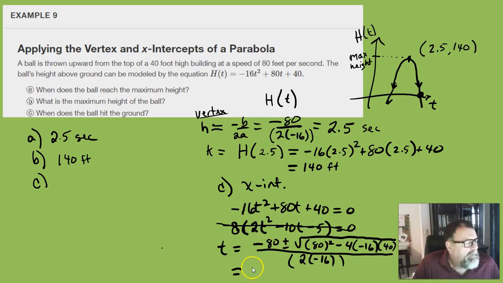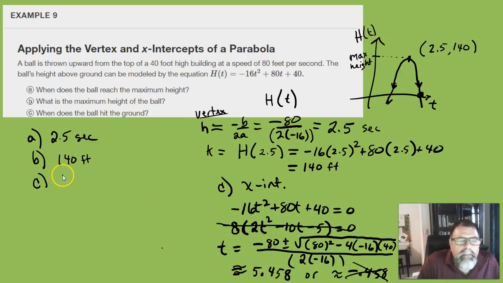For the plus one, you're going to get about 5.458. And for the negative one, you're going to get about negative 0.458. And of course, we can't go back in time, so we're going to throw that one out. So it's going to hit the ground about 5.458 seconds after you throw it.